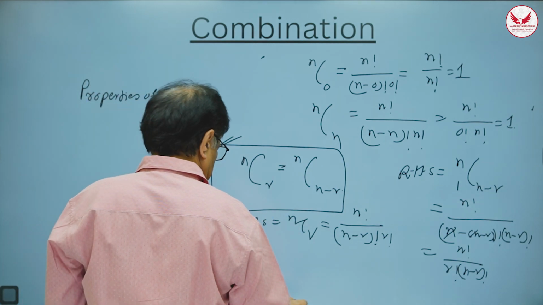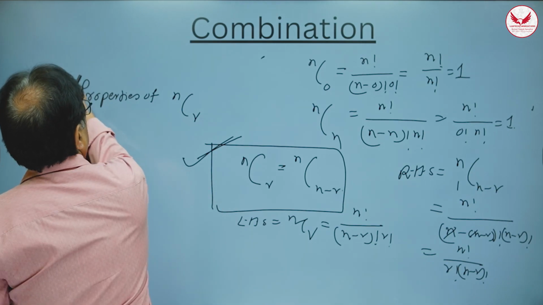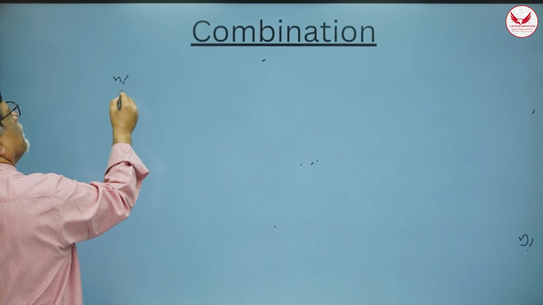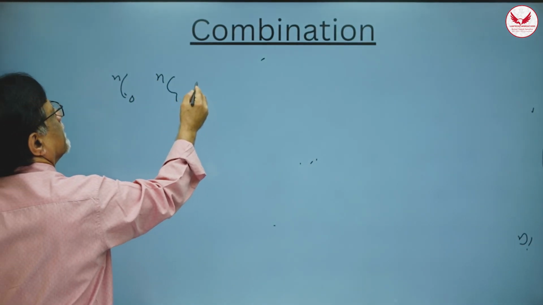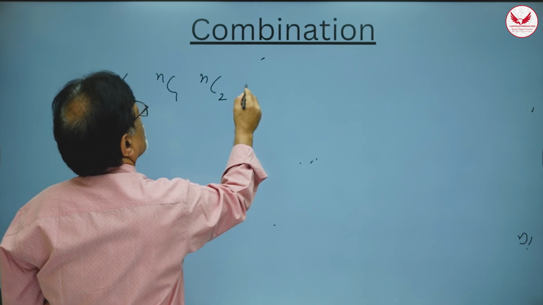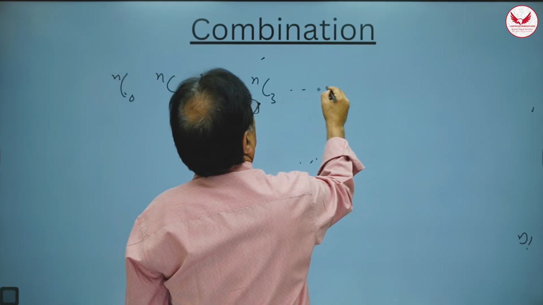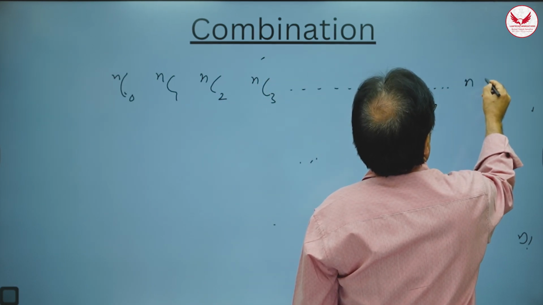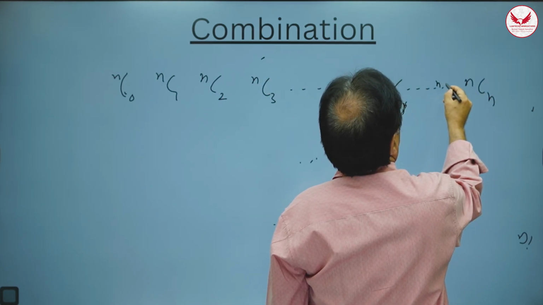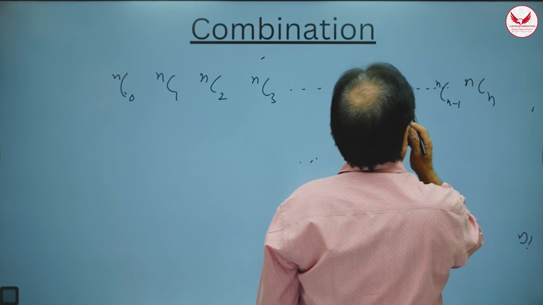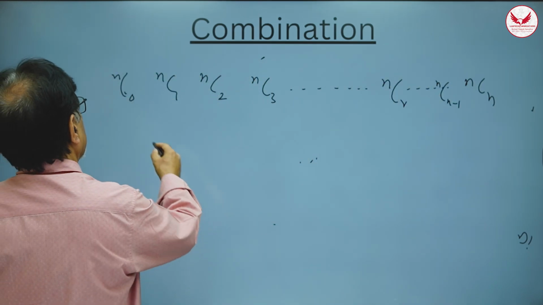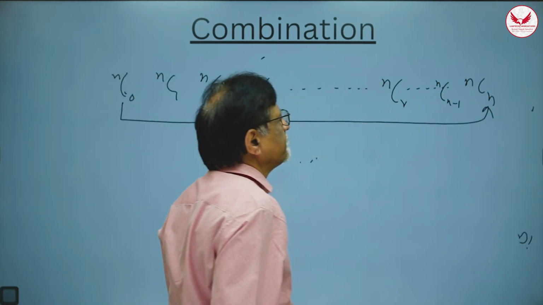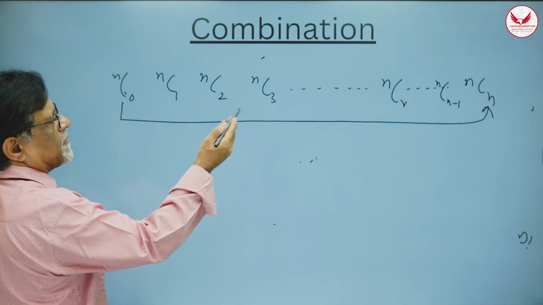So it's very interesting to note these numbers: NC0, NC1, NC2, NC3 and so on, NCR somewhere, and the last number is NCN. The previous number will be NC(n minus 1) and so on. You will realize one thing, that the first number is same as the last number. So NC0 is same as NCN.